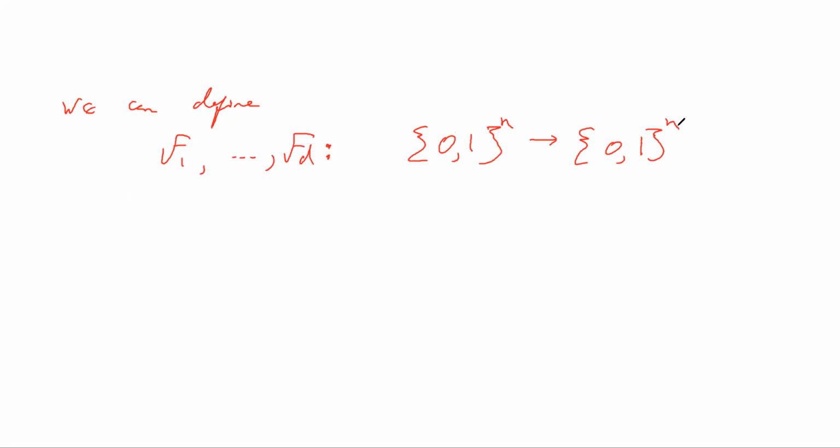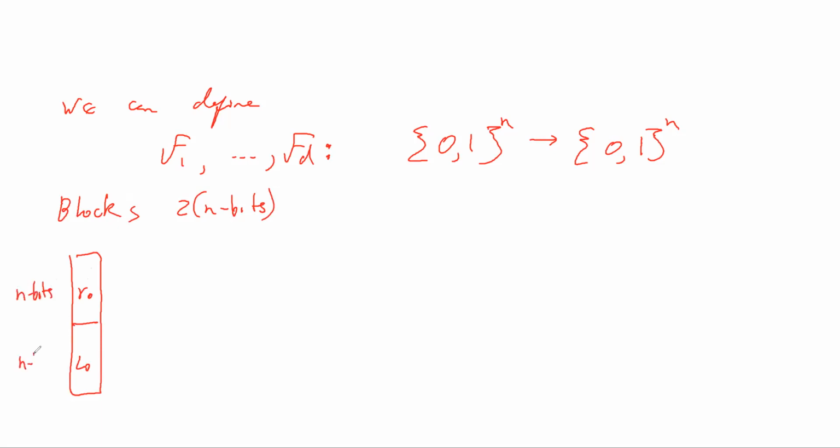We have blocks that are of size 2 times n bits. We take an initial block, we split it in 2, and we're going to have a right and a left with index 0. These are n bits and n bits.